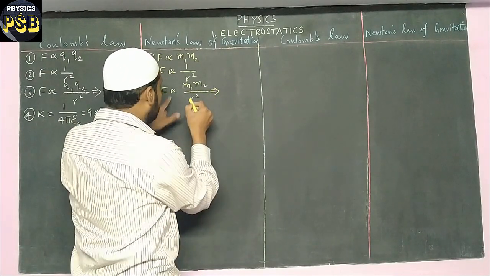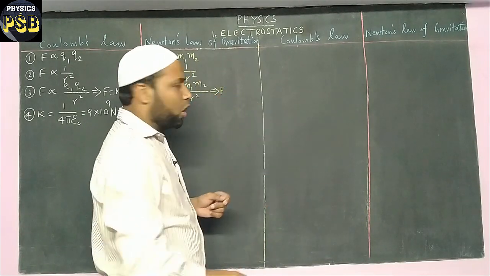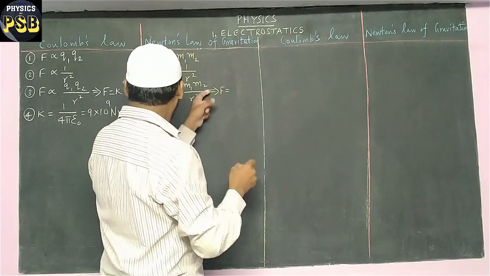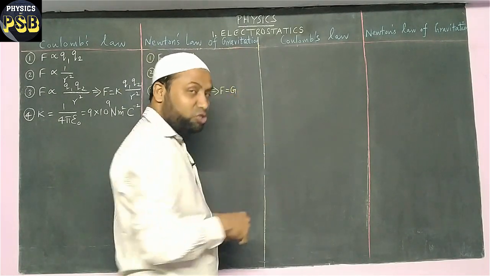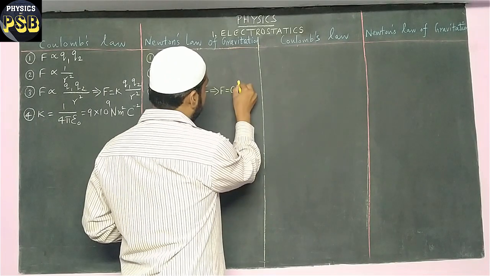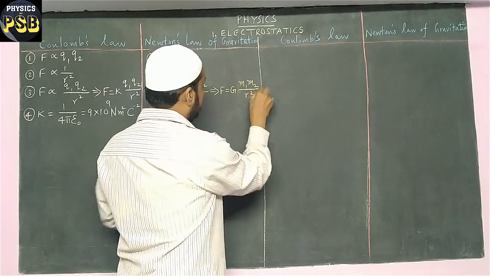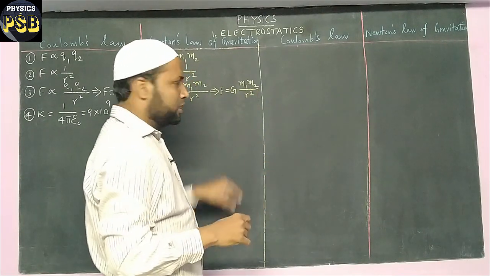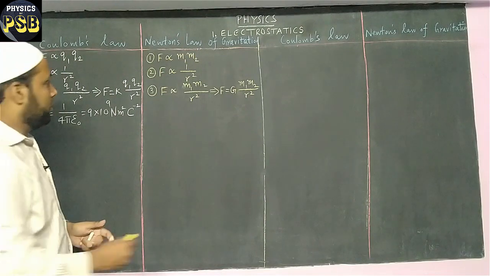Now, when we remove proportionality, we include a constant along with the equal to sign. The constant that I include here is represented by the letter G, so this expression is obtained. This equation is called Newton's law of gravitation.